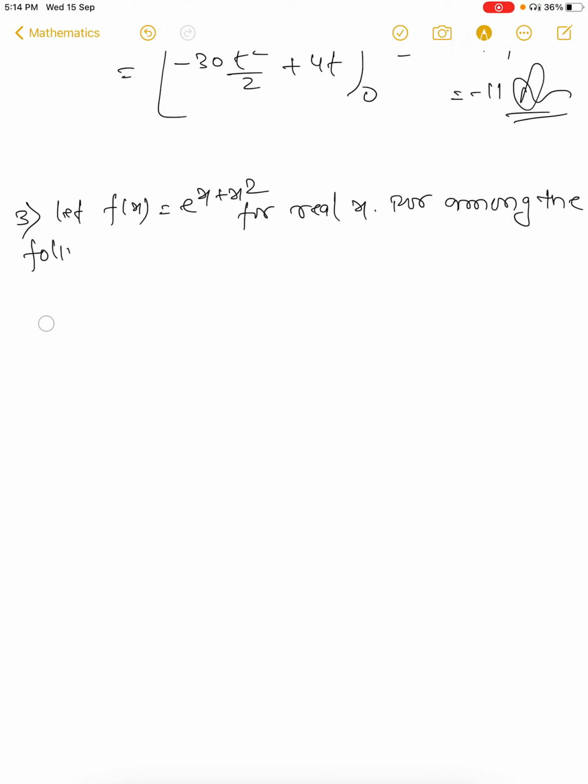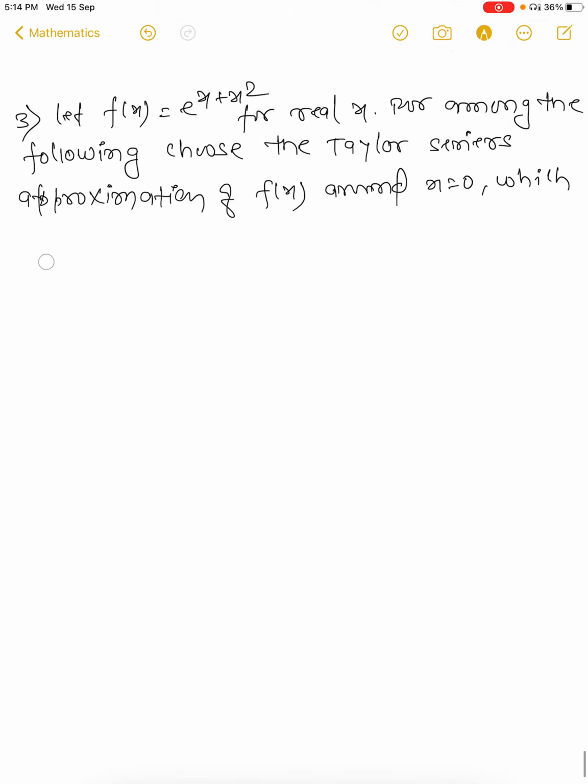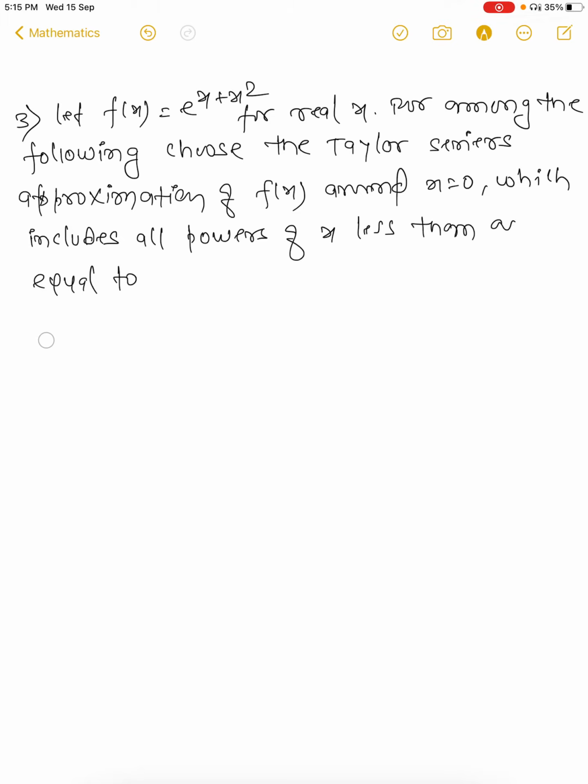Among the following, choose the Taylor series approximation of f(x) around x is equal to 0, which includes all powers of x less than or equal to 3.